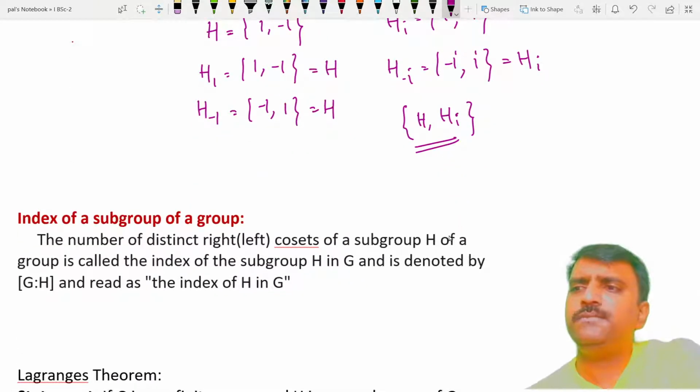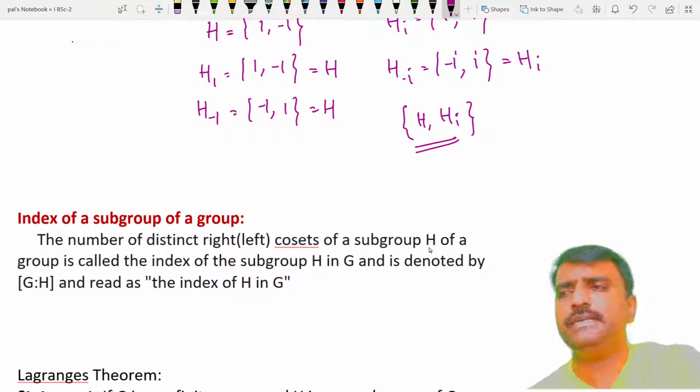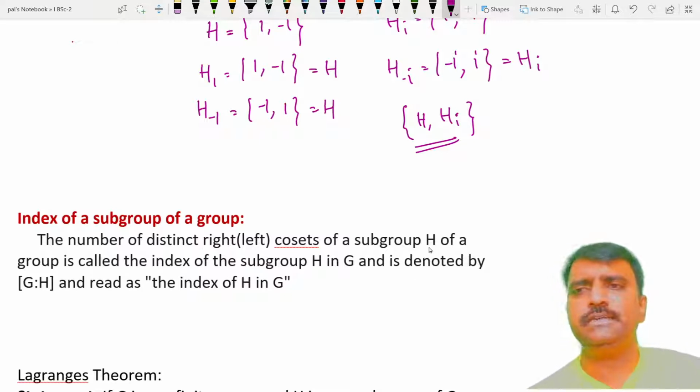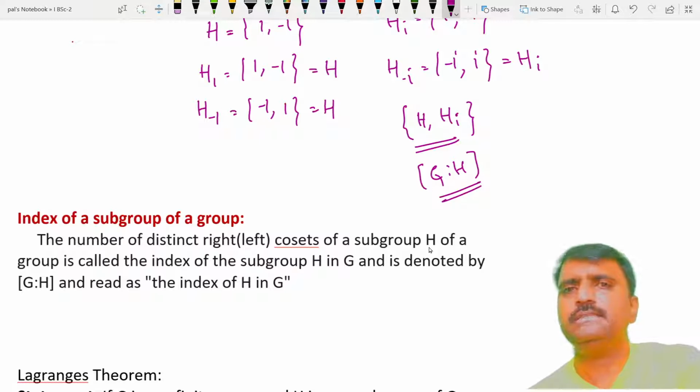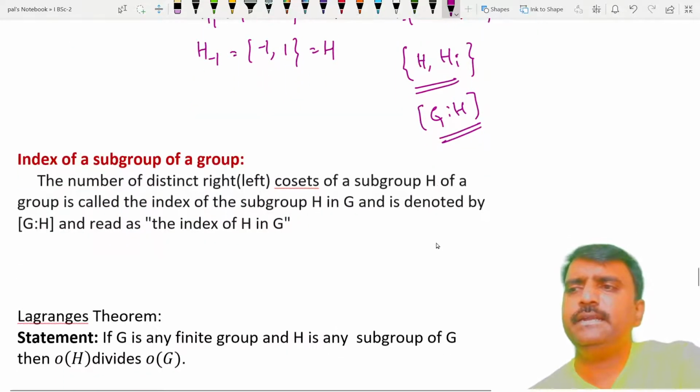The number of distinct cosets of a subgroup H of a group is called the index of the subgroup. The index of the subgroup H in G is denoted like this, [G:H], and we read this as the index of H in G. So what does the index of H in G mean?